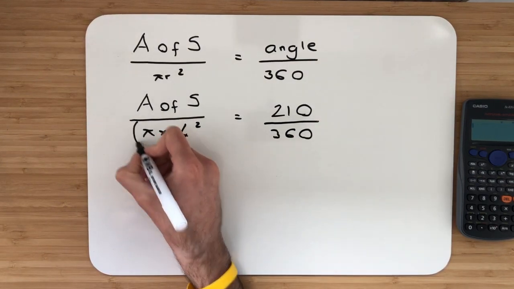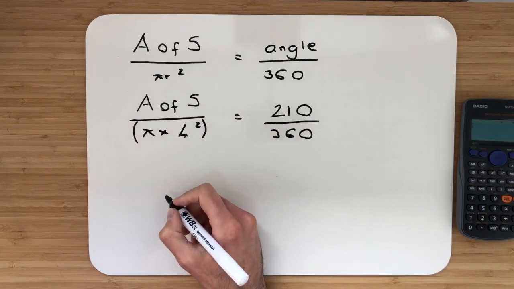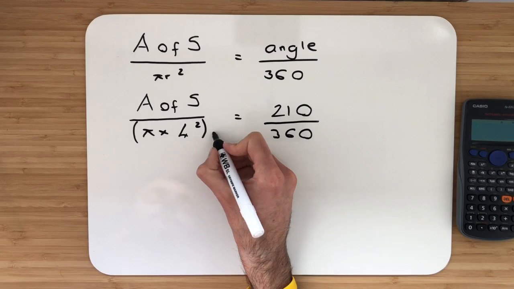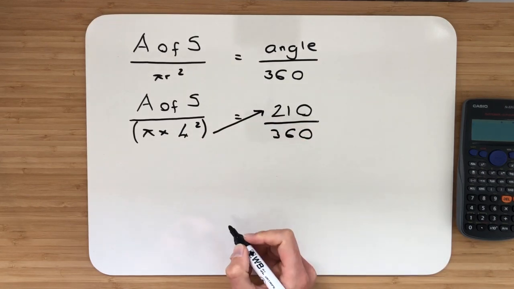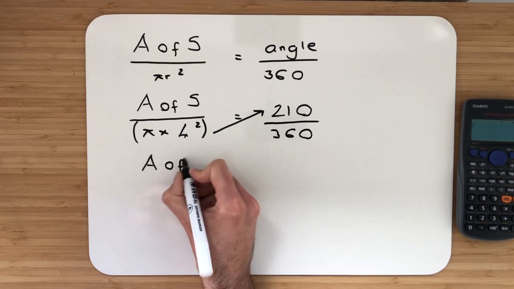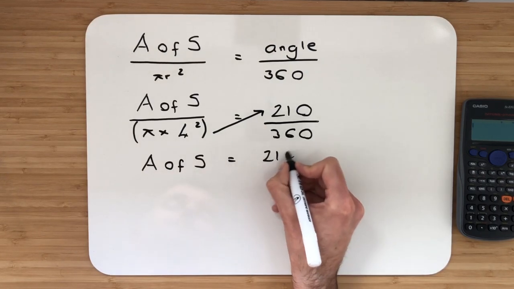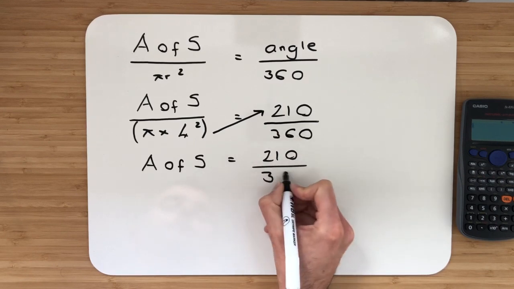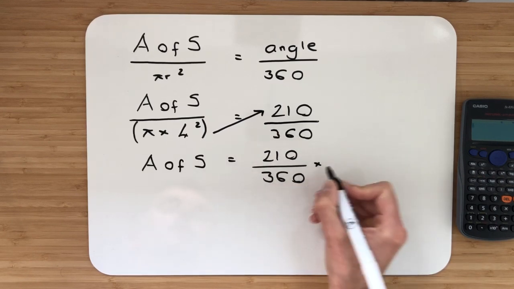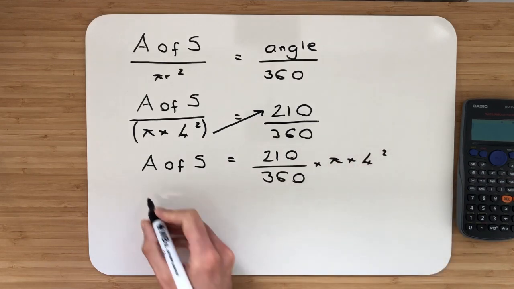So we'll put this inside of a bracket. Pi multiplied by 4 squared is down the bottom of the fraction, so it's the denominator, so it's dividing. Over to the other side, we'll do the opposite operation, so it will multiply. Area of sector is equal to, so we've got our 210 over 360 multiplied by pi multiplied by 4 squared.